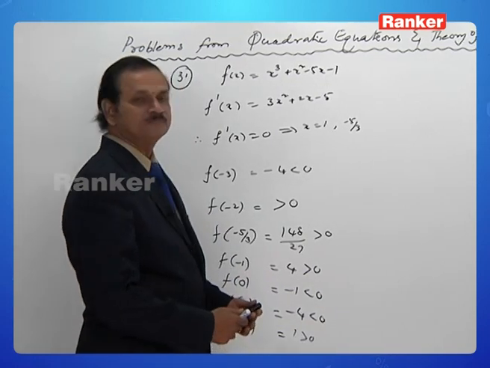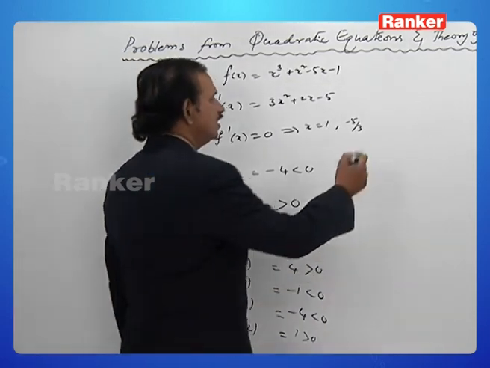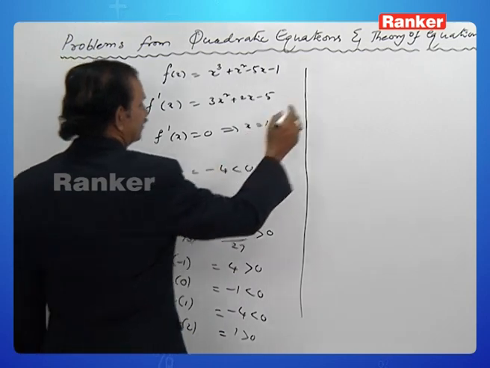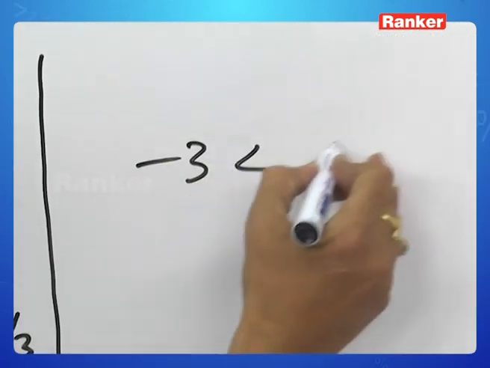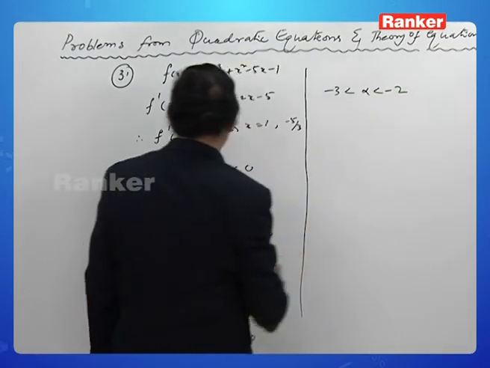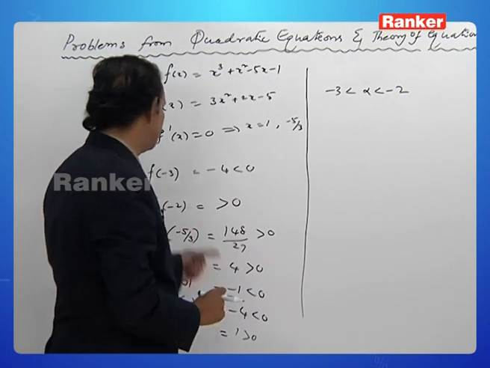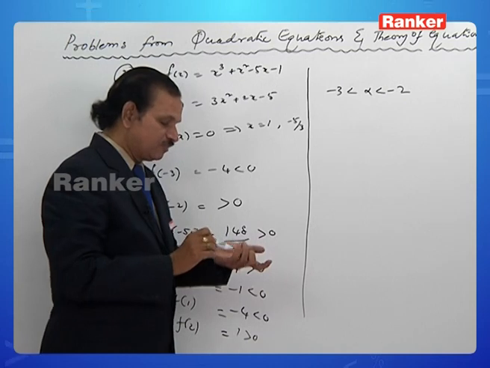Let me name them and list out the domain in which they lie. The root lies between minus 3 and minus 2. That is minus 3 less than alpha less than minus 2. Why? Because f of minus 3 is less than 0 and f of minus 2 is greater than 0. These two are of opposite signs.